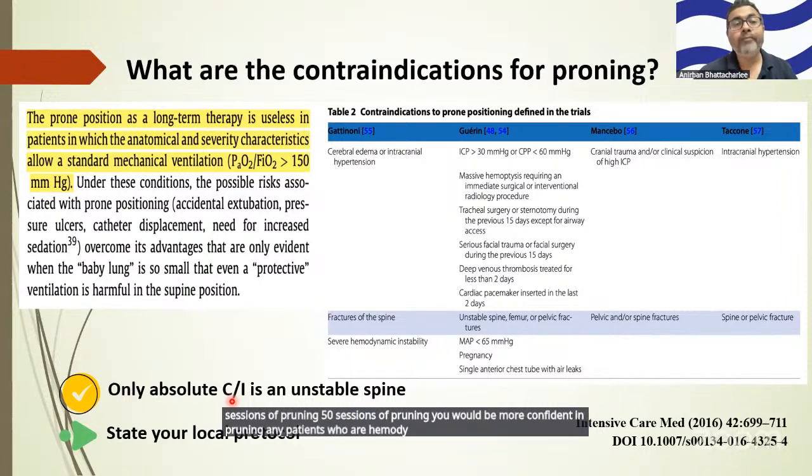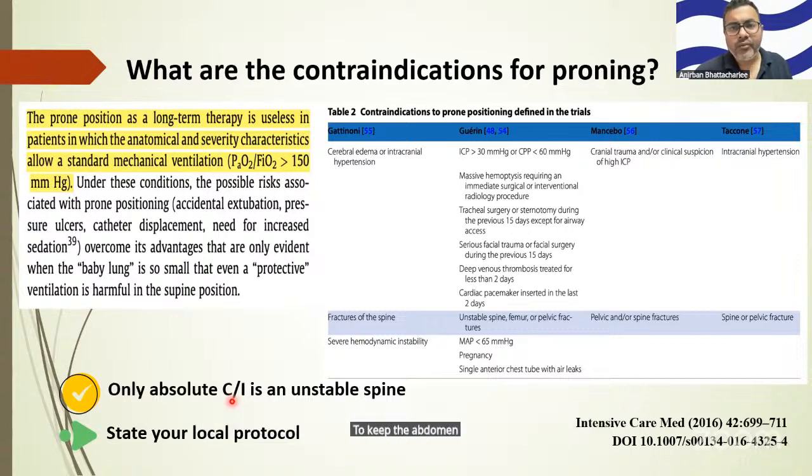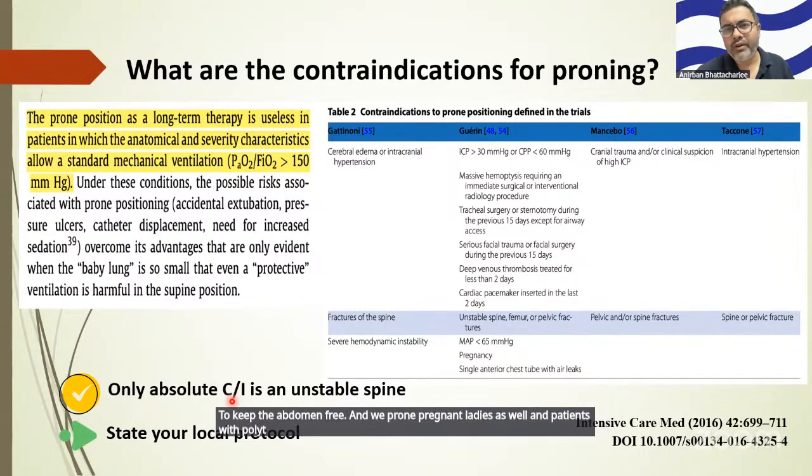any patients who are hemodynamically unstable. So lately we have started proning pregnant women also. That was done during the COVID pandemic, where we put lots of pillows to keep the abdomen free, and we prone pregnant ladies as well. And patients with polytrauma often develop traumatic ARDS.